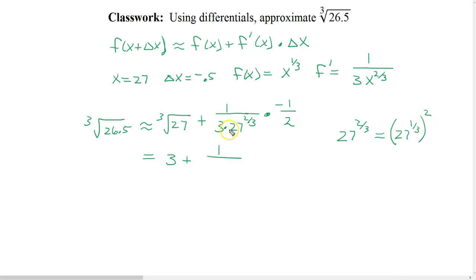So we get here 3 times 9 times negative 1/2, and we end up with 3 minus 1 over 2 times 9 times 3 is 27. So this is going to be 3 minus 1 over 54. And we can evaluate that on a calculator to get a decimal form.